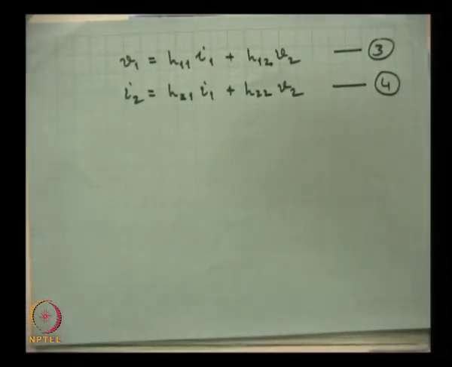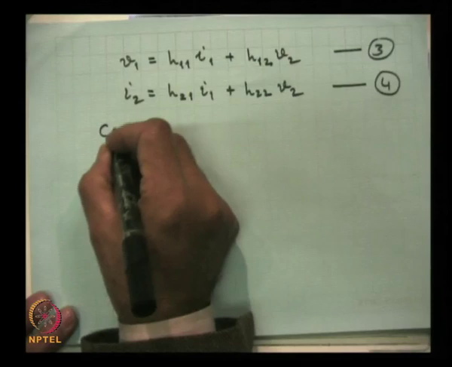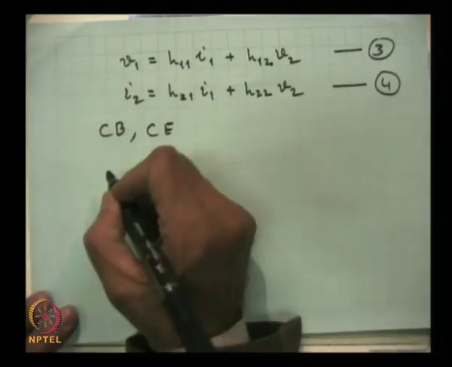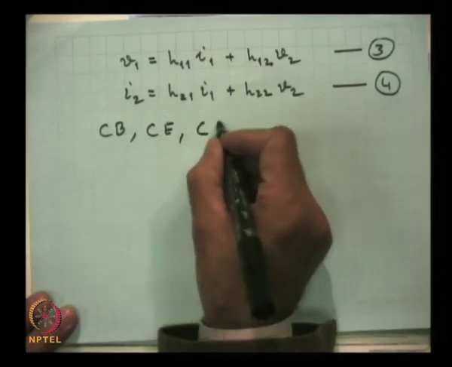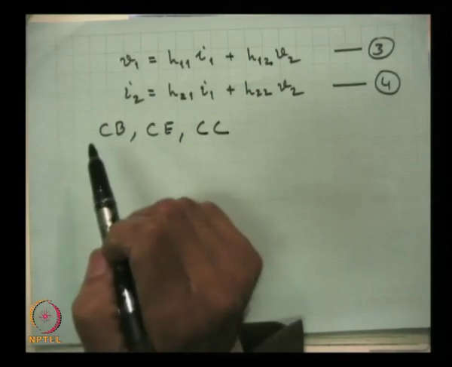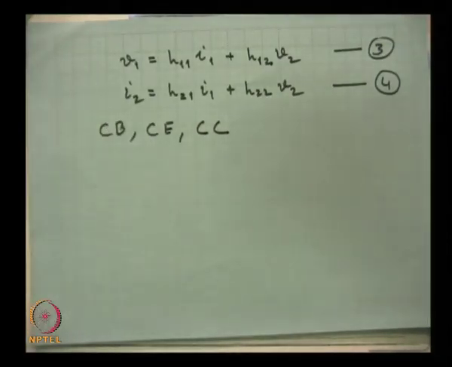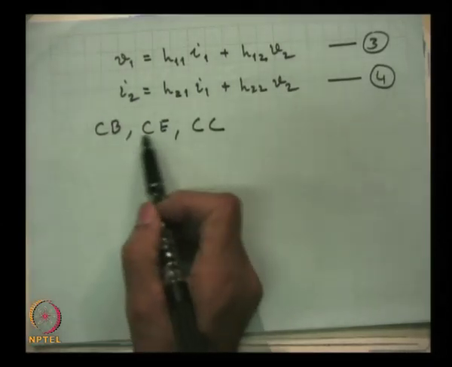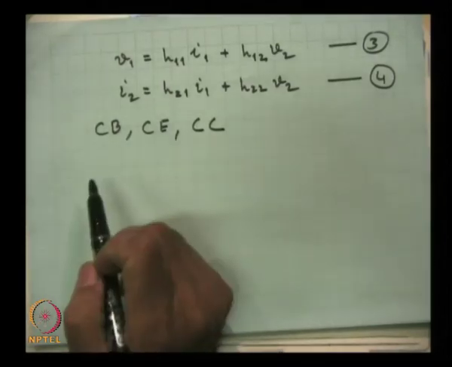Now, these equations are applicable to all the configurations of the amplifiers, whether it is common base, common emitter or common collector. These equations are valid, and in fact, the whole analysis which we are trying to study is applicable to all these circuits.